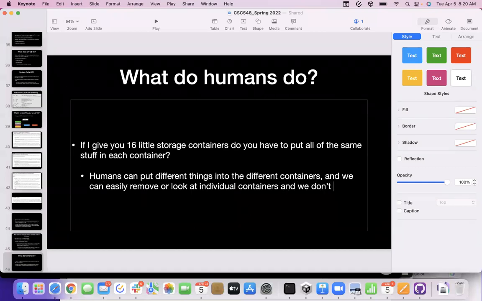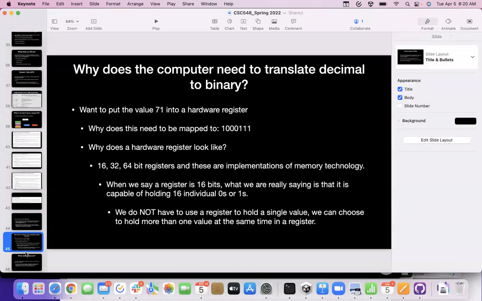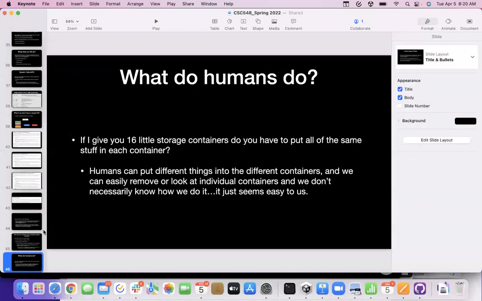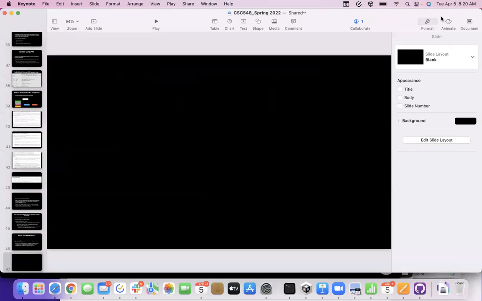We don't necessarily know how we do it. It just seems easy to us. All right. So with that in mind, I'm going to do a simpler example here.